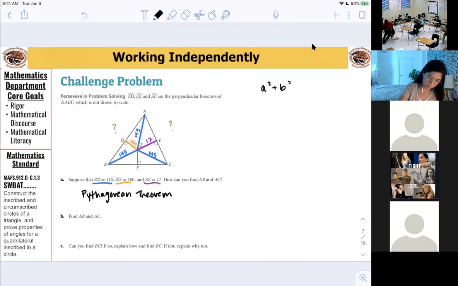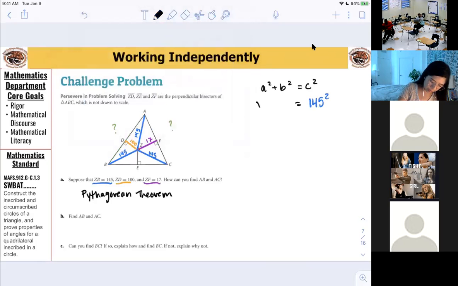145 is C. For which triangle? You're correct. So which triangle are you talking about? ZBD. Okay, for triangle ZBD, the 145 would be the C, that is correct. And what else would I fill in? A, X, and B, 100.